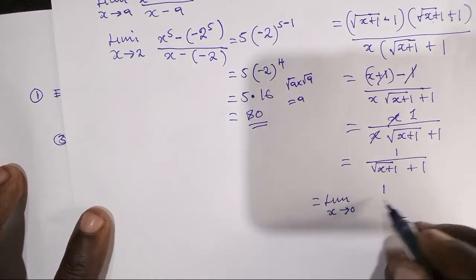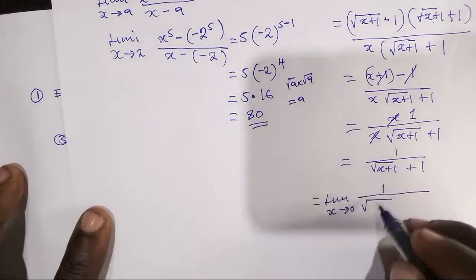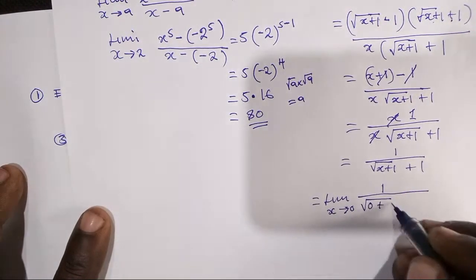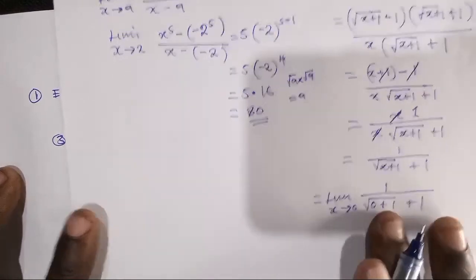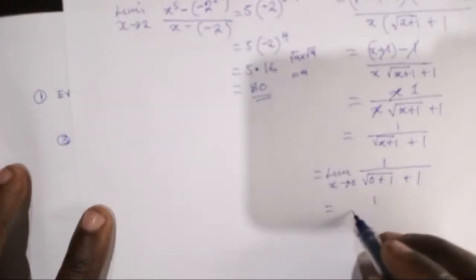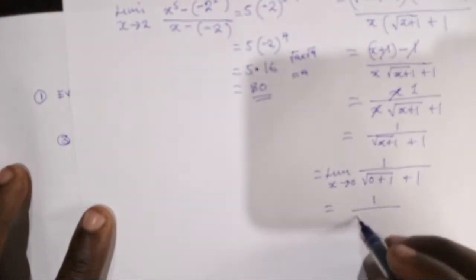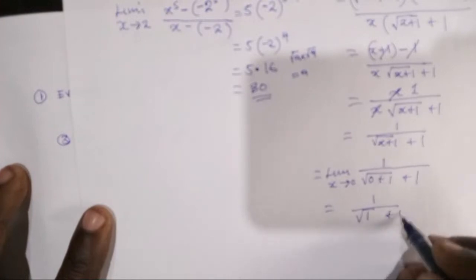Here we have 1 over, where there is x, we have 0. So we are going to say 0 plus 1, then plus 1, which will be equal to 1 over root 1 plus 1.